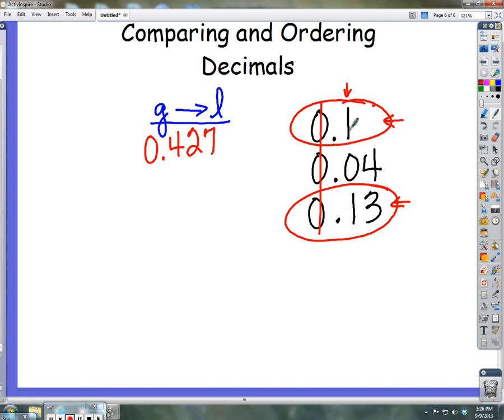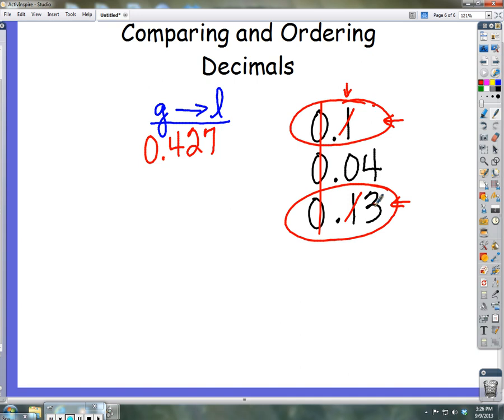Well, since the ones are exactly the same, I can eliminate those. I don't need to compare the tenths place digits. So now I go to the next place, which is the hundredths place digit. Here we have a 3, and up here there is nothing. However, what really could be there is a 0.